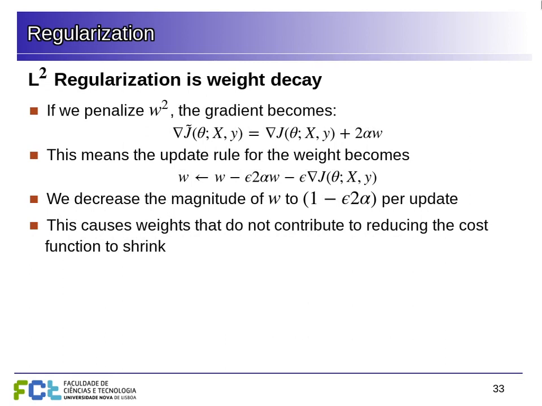So for each parameter, when we update that parameter, we take a small fraction of what the parameter was. So we are decreasing the size of the parameter in proportion to what the size was, and then also whatever contribution the original loss function has.